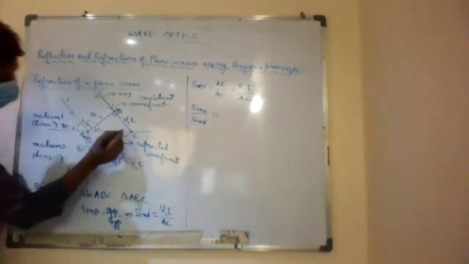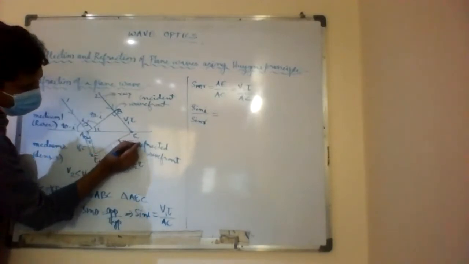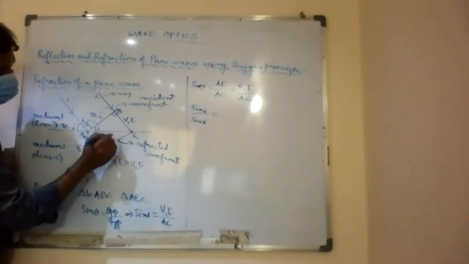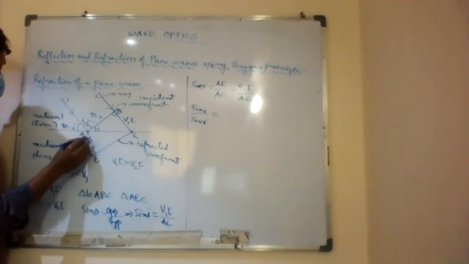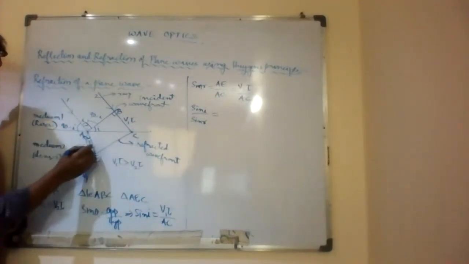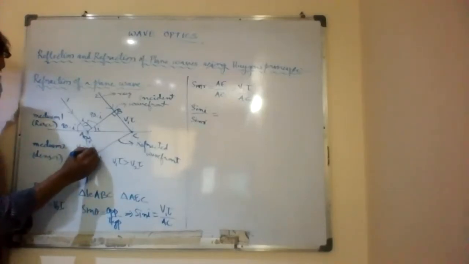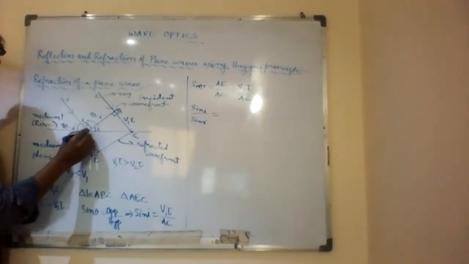Okay, let us draw. Now this is R. Where is 90 degrees? This is 90, perpendicular. So what is this remaining angle?